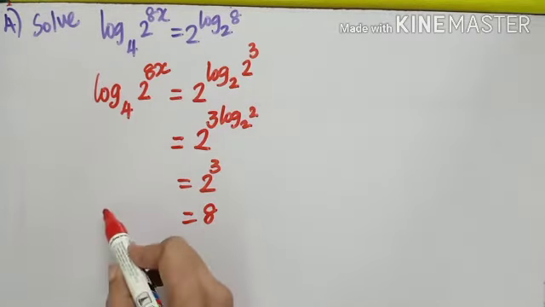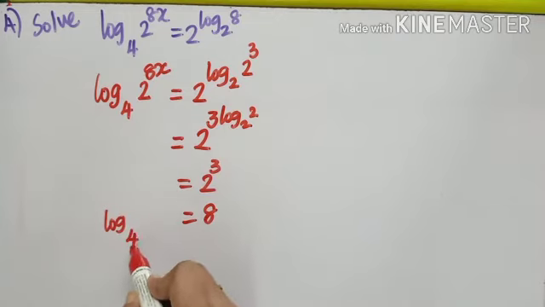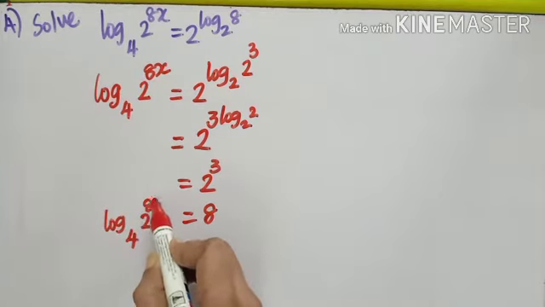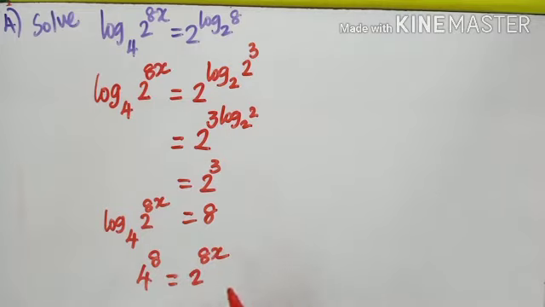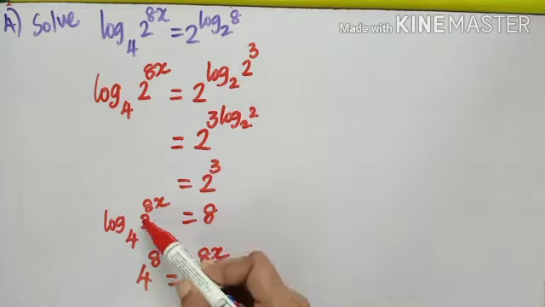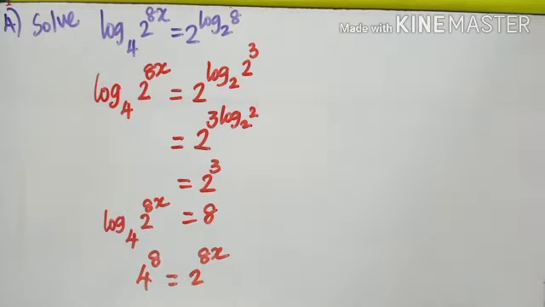The left side we have log base 4 of 2 power 8x. From this I can write 4 power 8 equal to 2 power 8x. If I remove the logarithm, it is 4 power 8 equals 2 power 8x.